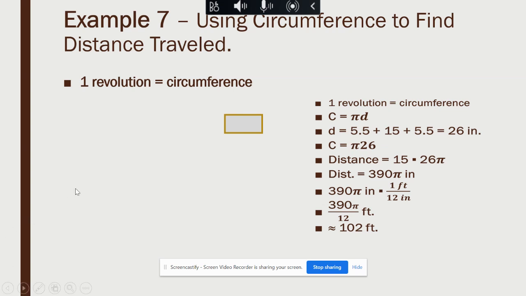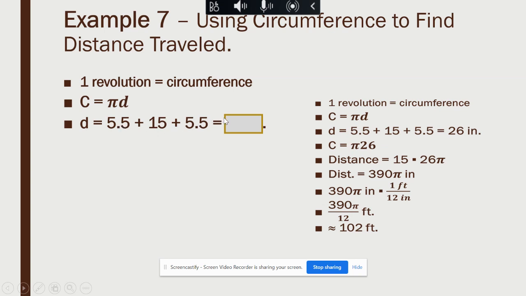So one revolution is the circumference. So our circumference equals pi times diameter. And the diameter of our tire, we had the 5.5 on the top and on the bottom where the rubber was, and the rim of the wheel, the wheel, I guess, was 15.